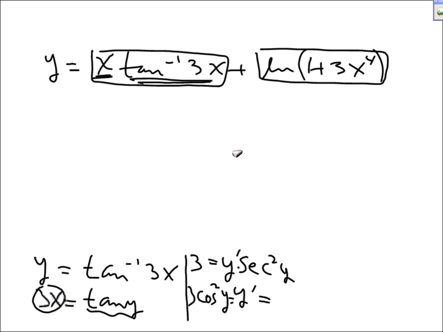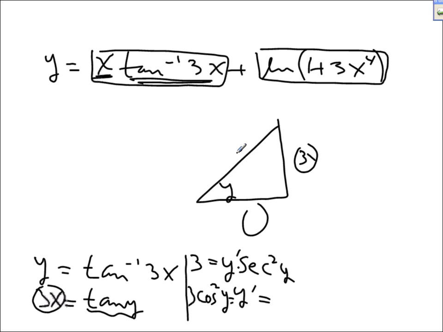I know from the bottom left equation on the board that 3x is tangent of y. Here's my angle y. The tangent is this over that. It's 3x. You can always divide by 1. It's 3x over 1. So what goes on the hypotenuse? You get this squared, not 3 squared, x squared, plus this squared, square root.